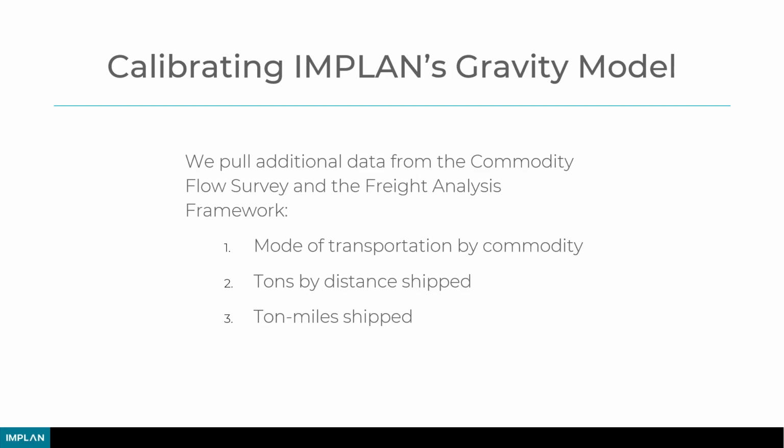And we start with the previous year's estimate for B, rerun the model, and adjust beta for each commodity until the sum of those trade flows for that commodity for all regions are suitably close to that national average movement of that commodity as reported by the commodity flow survey. So we're using that commodity flow survey as a benchmark to essentially ground truth that model to make sure that we are accurately representing that in the calibration process.